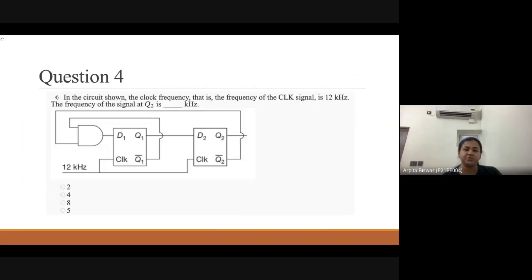So this is question four. In the circuit shown, the clock frequency, that is the frequency of a clock signal, is 12 kilohertz. The frequency of the signal Q2 is dash kilohertz. See the circuit carefully and try to give the answer.